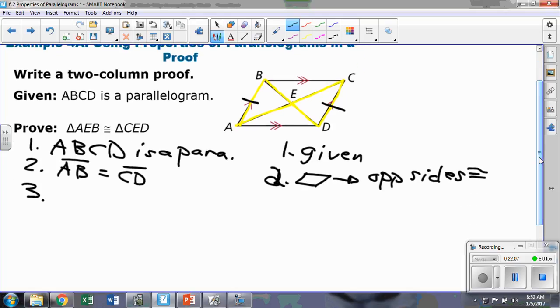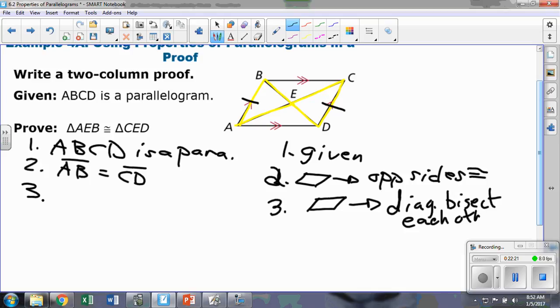But we also know a parallelogram tells you diagonals bisect each other. And because diagonals bisect each other, those two pieces have to be the same. BE has to be the same as DE, as the left-right piece of the diagonal.